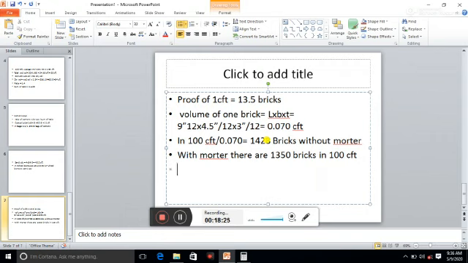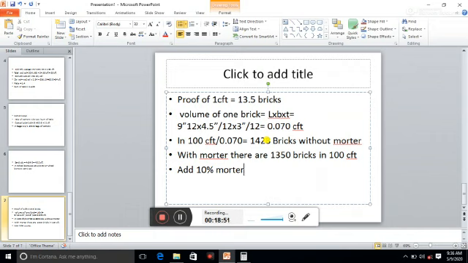Now we will add 10% mortar. We found the brick quantity without mortar. Now we will find the brick quantity along with mortar.